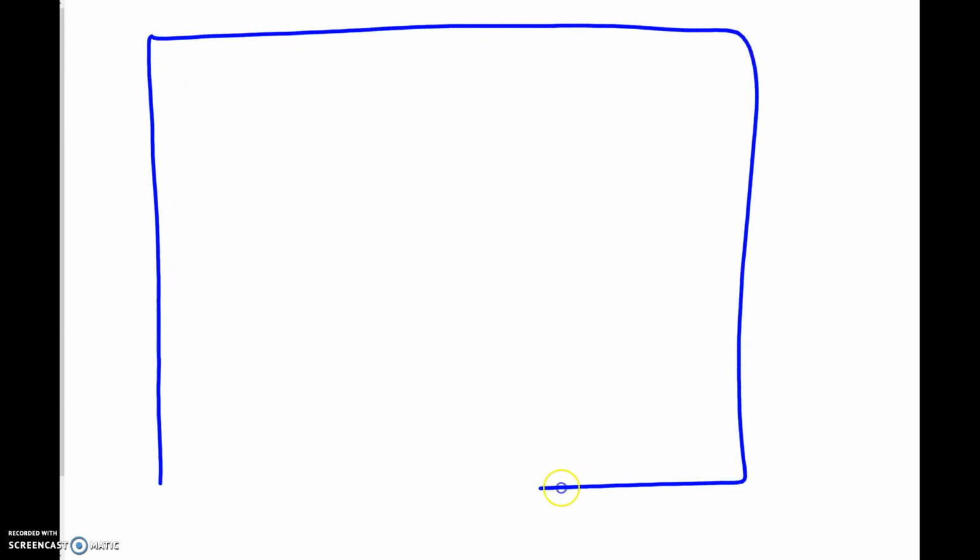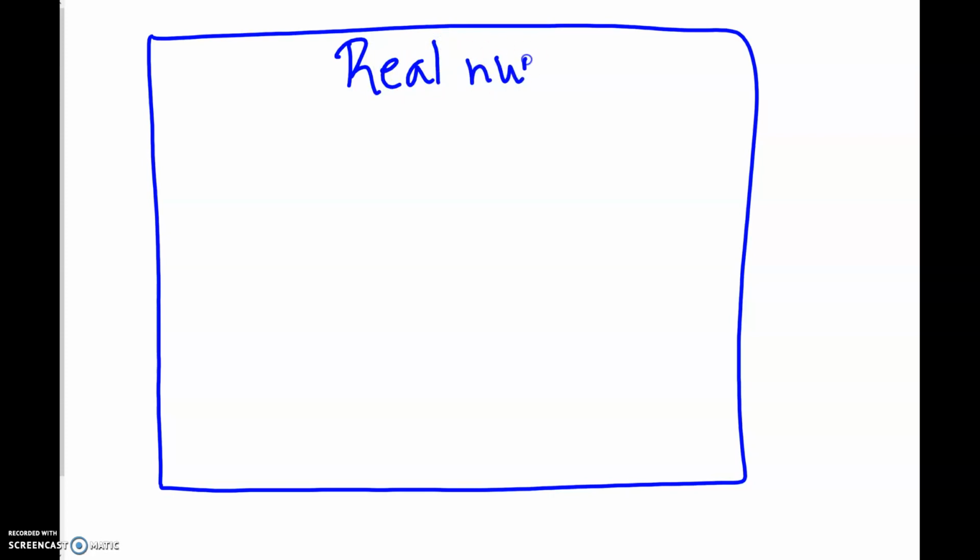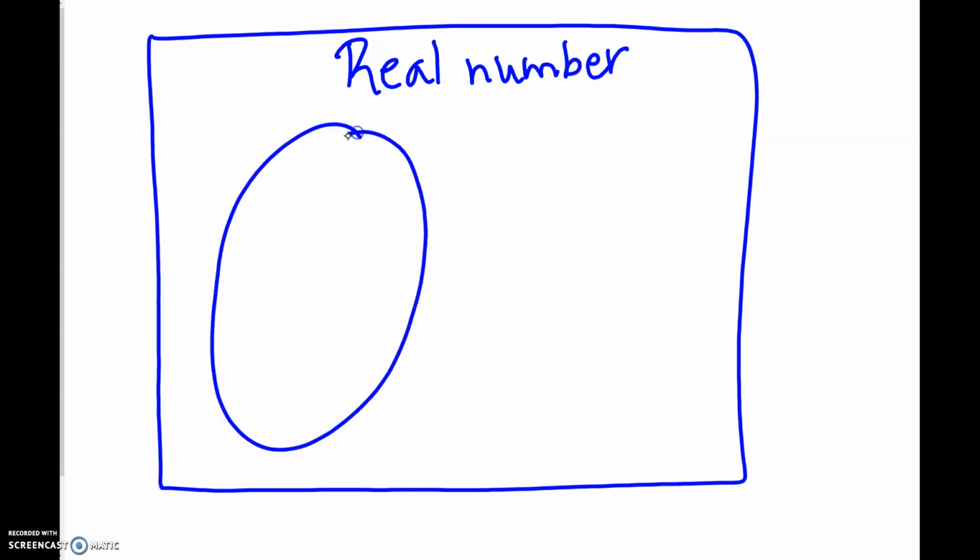Venn diagrams have circles and bubbles in them. All of the numbers that we talk about are part of the real number system, so everything in this box is a real number. Then real numbers are broken up into rational and irrational.